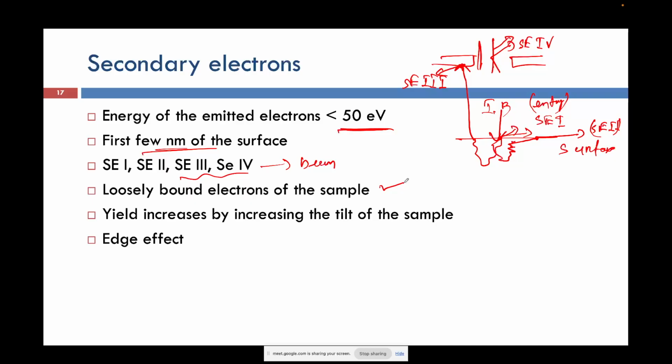Okay, and if you increase the tilt of the sample, let's say currently it is like this, and you increase the tilt from this angle, more and more electrons will be coming out.